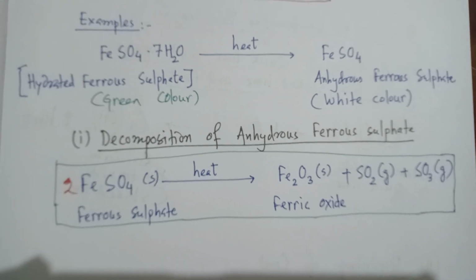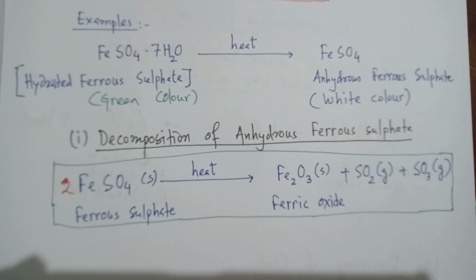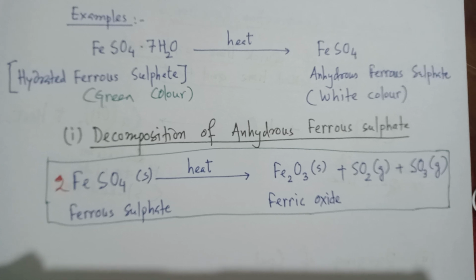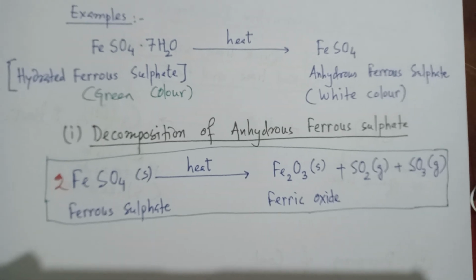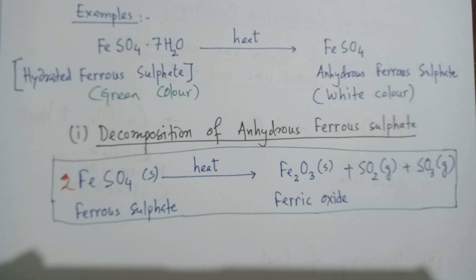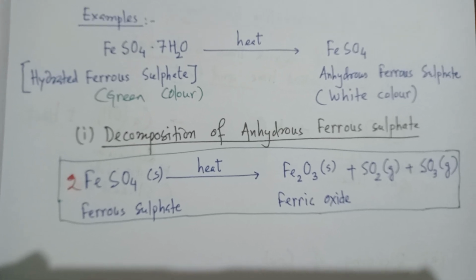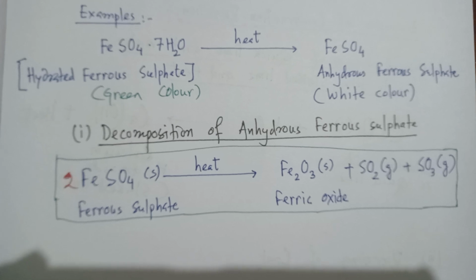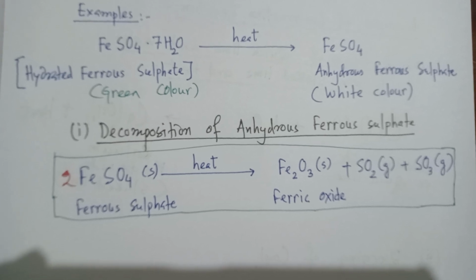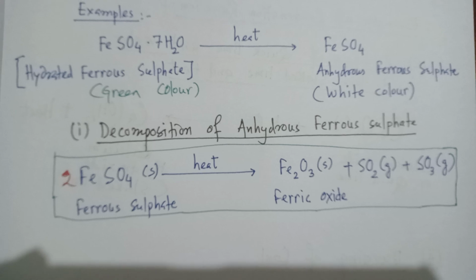When heat is given to it, it first loses its water to give ferrous sulfate. This is anhydrous, meaning it has lost its water. So initially it was green in color, and after giving heat, it becomes white in color after losing the water.